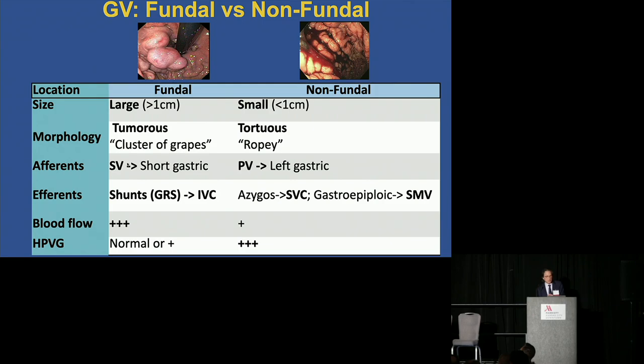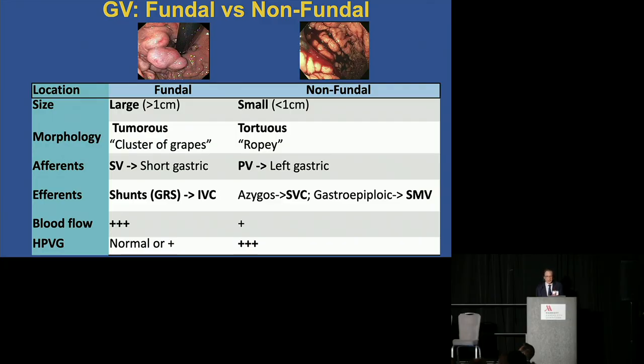So firstly, in terms of the inflow, our afferents, the short gastrics supply the fundal varices. They derive from the splenic vein. The non-fundal varices, they derive from the portal vein through the left gastric. So the inflow is completely different, the source of what's driving the formation.